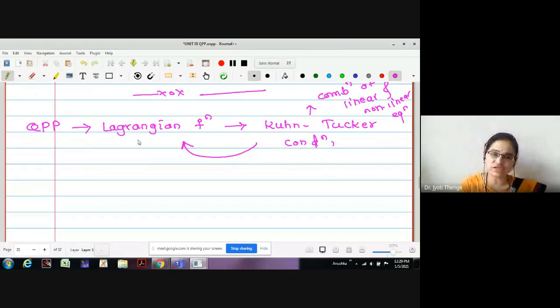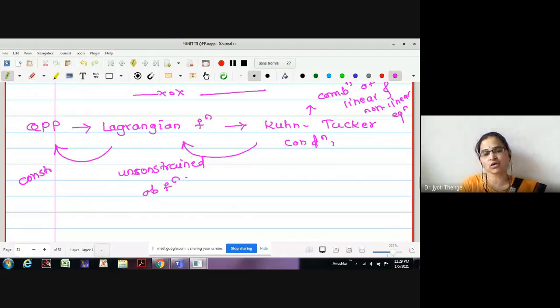This Lagrangian function is the unconstrained objective function, and finding its optimum value will in turn give us the solution for the constrained quadratic programming problem. So this is the constrained optimum.